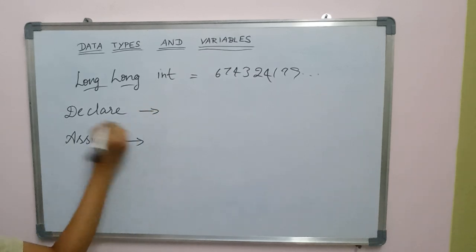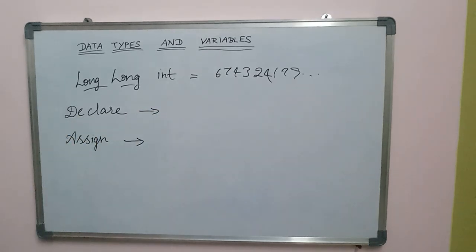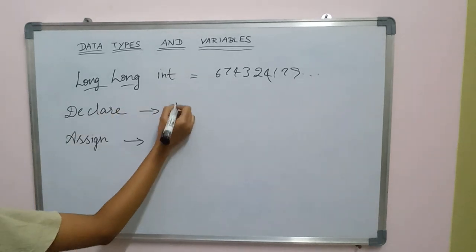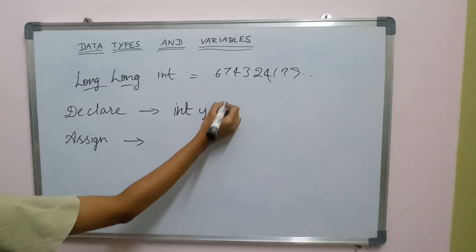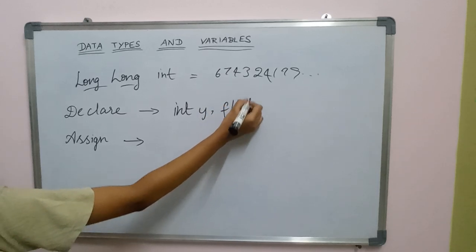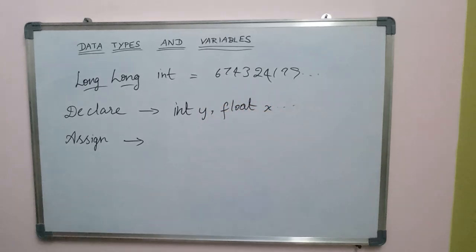Declare means we are going to declare something, like declare an integer, a float, a character, a double, a long. Like int y, float x, etc.